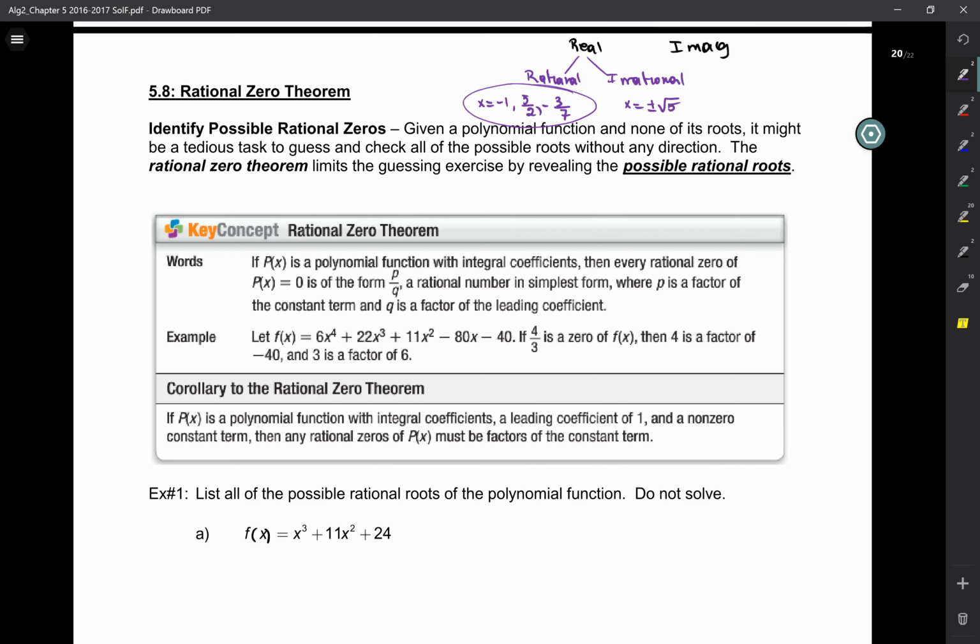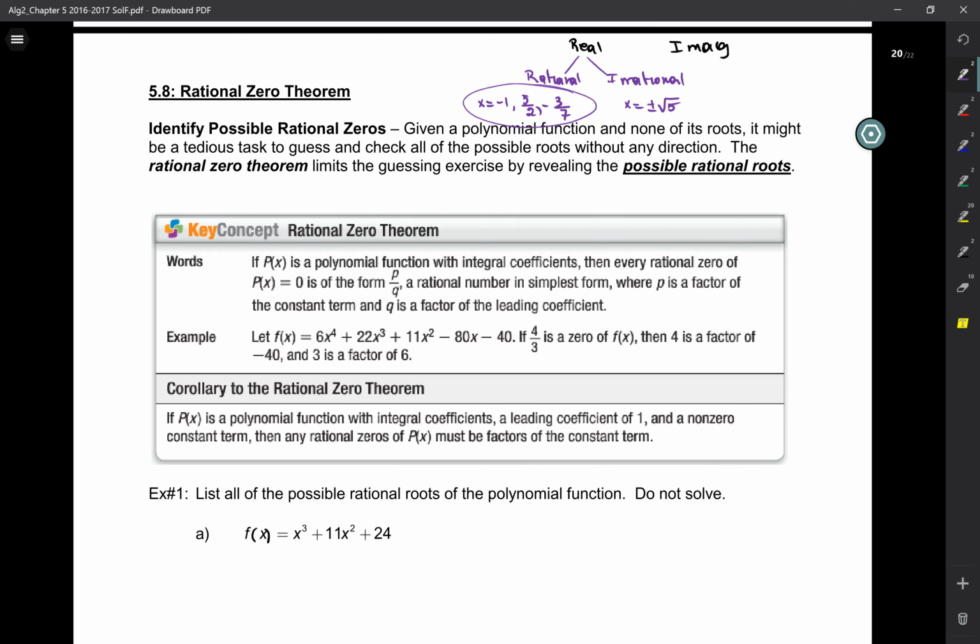An infinite amount. Okay, so one way to find the solutions of a function is to sit there and pick random rational numbers, plug them in, and see if they give you 0 when you plug them in, right? So how long would that take?